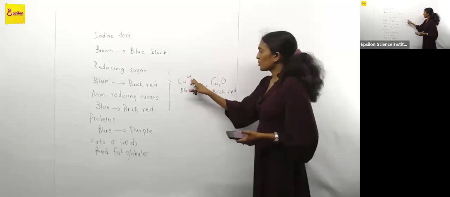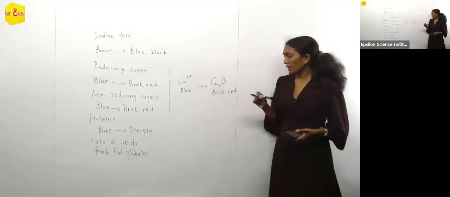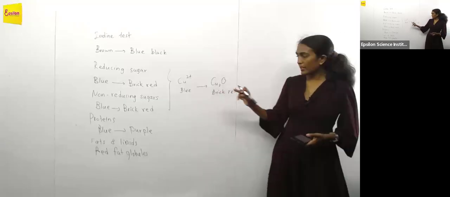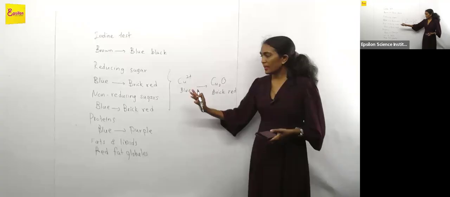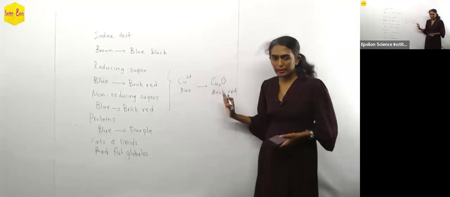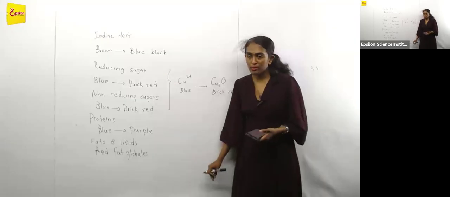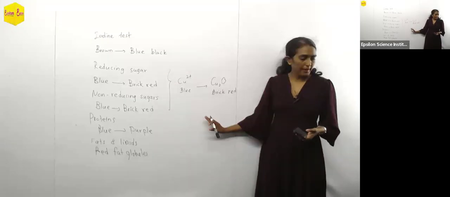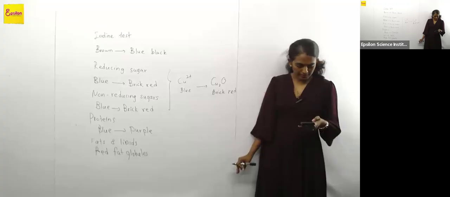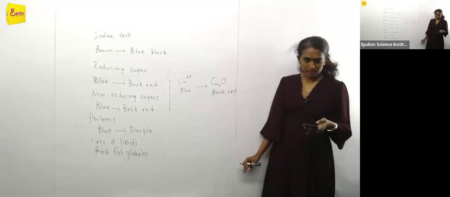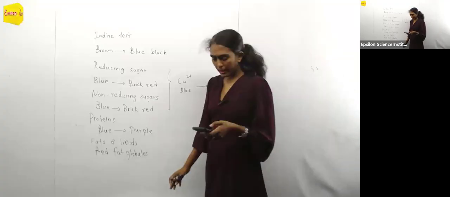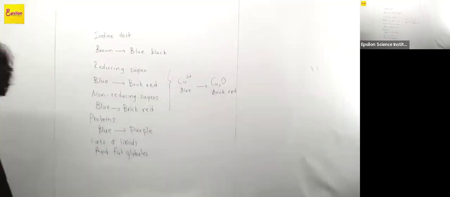So this 2+ is turned into 1+. So that is a reduction here. This sugar is reducing this compound into this, so these sugars are called reducing sugars. I write that down in that column. Other explanations are not added to the other categories.